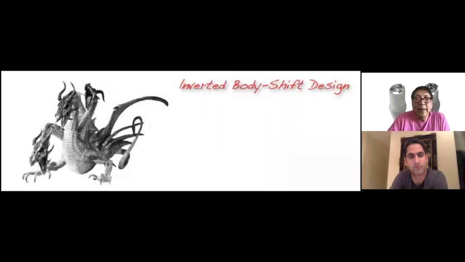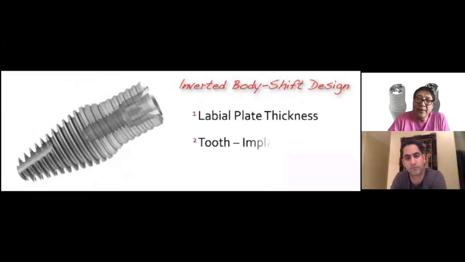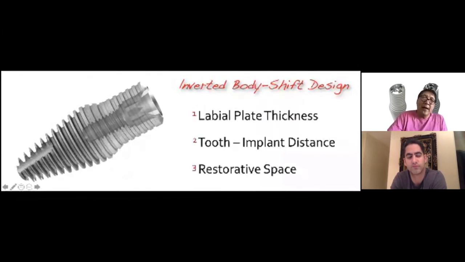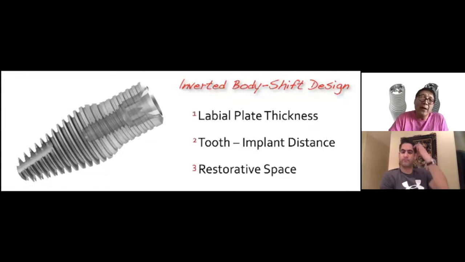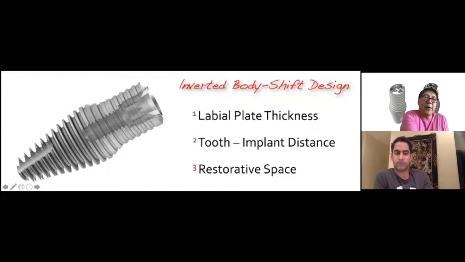Again, labial plate thickness, tooth to implant distance, maintaining that tooth to implant distance, and having also restorative space. What I found is that with a wider topped implant, and usually in extraction sockets you're subcrestal on the palate and interproximal, I really had a hard time, even with platform switched implant designs. I had a very difficult time trying to fit all my prosthetic components.